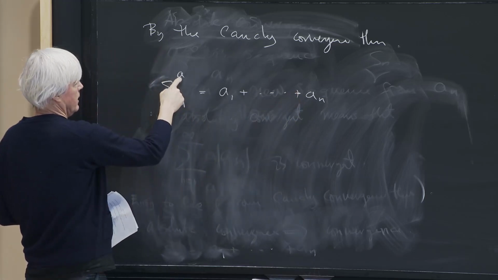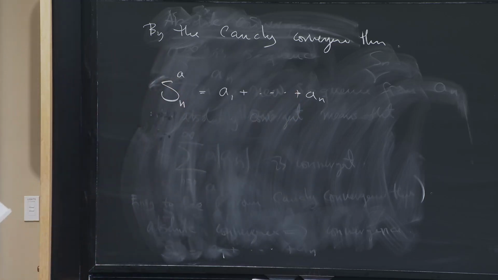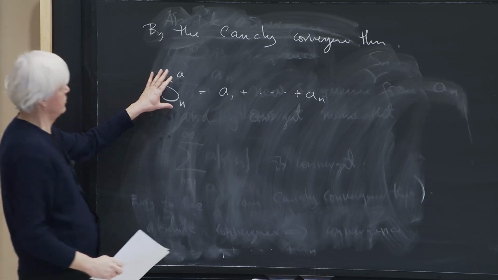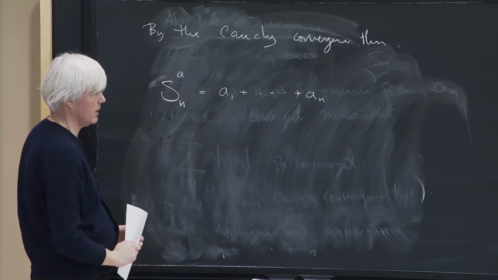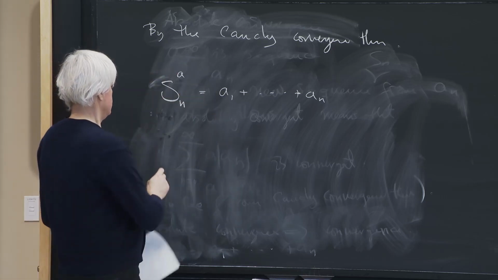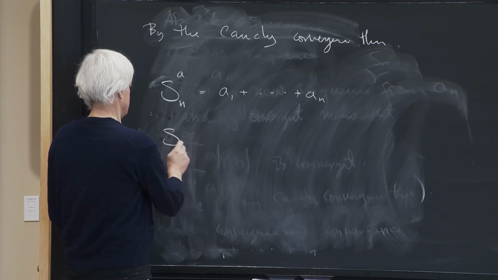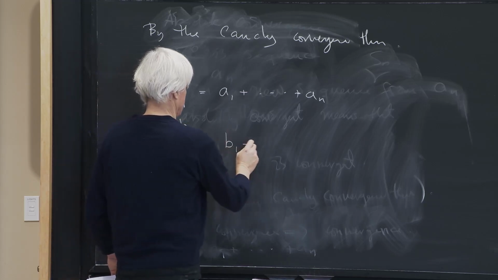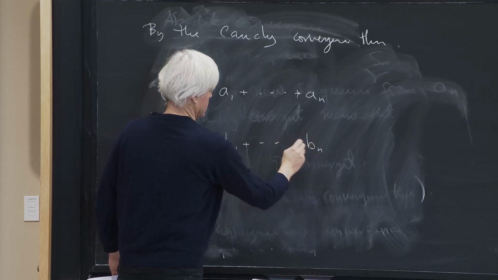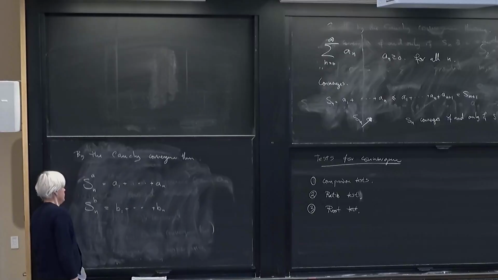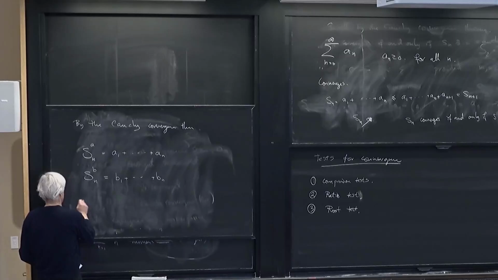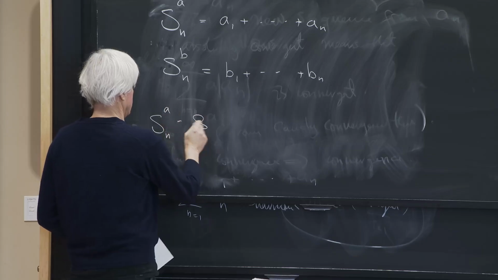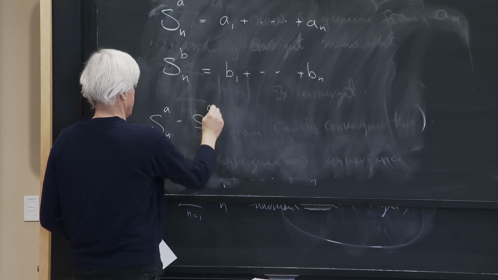I'm using the superscript A to denote that it's coming from the sequence a_n. Likewise, we look at the corresponding thing for b. Now suppose you're looking at S_n^A minus S_m^A.